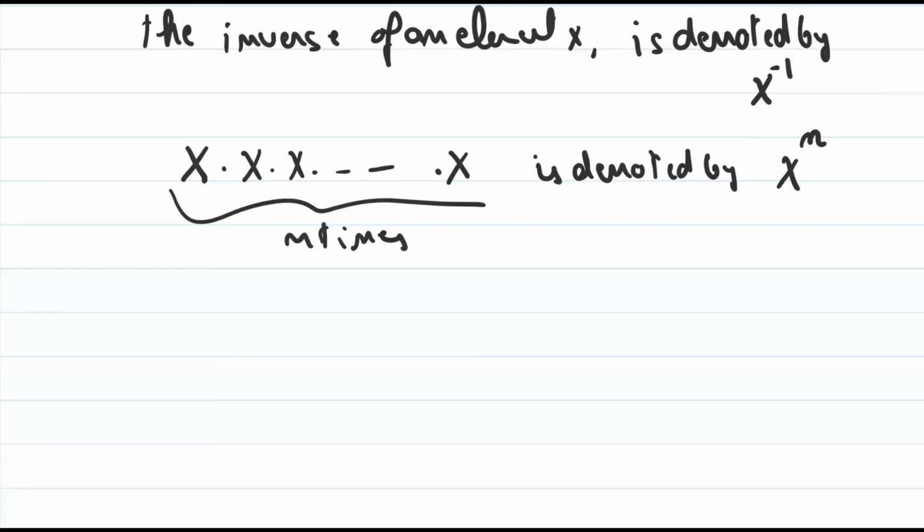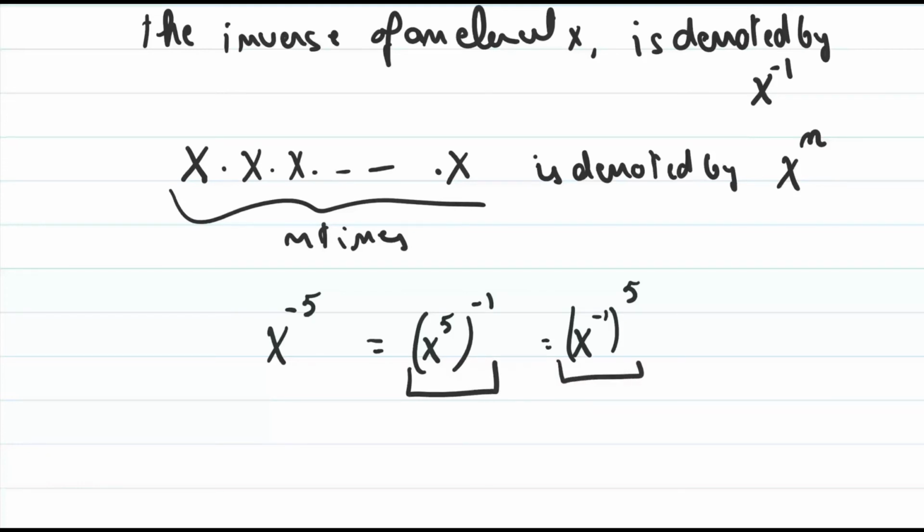X to the power 0 by convention is the neutral element, and x to the power of a negative number like negative 5, we understand it as x to the power 5 to the power negative 1, or x to the power negative 1 to the power 5. And it's the same thing.